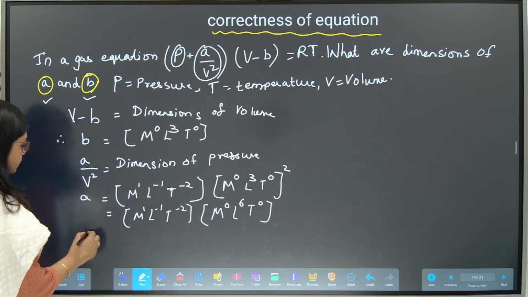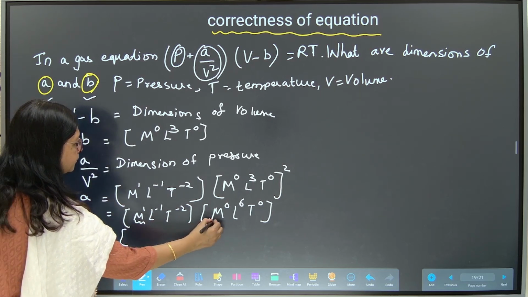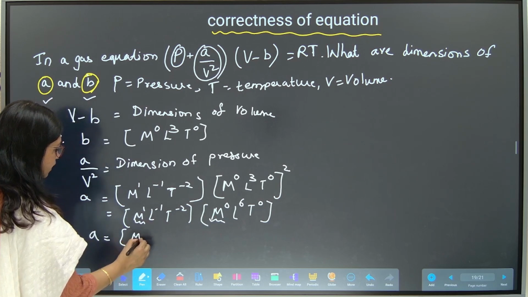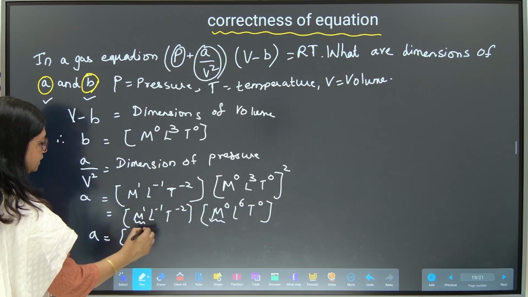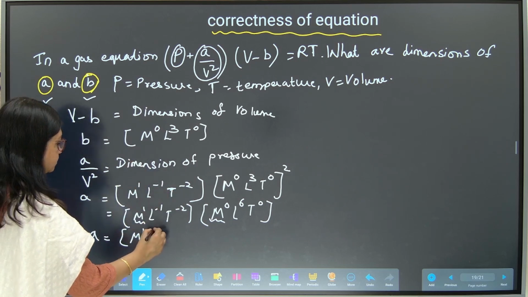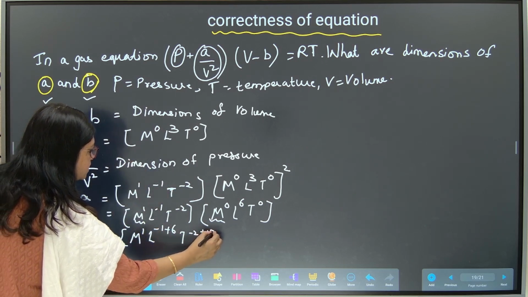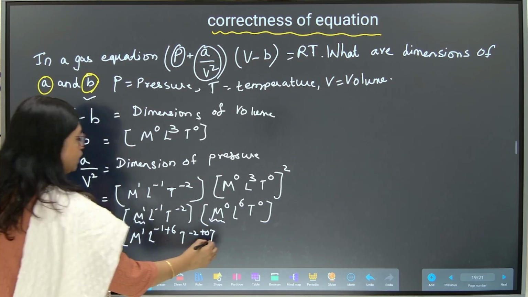So what is my answer for A now? Because the bases are the same, I only have to add the powers. 1 plus 0, 1. L raised to minus 1 plus 6. T raised to minus 2 plus 0. So what is my final answer for A?